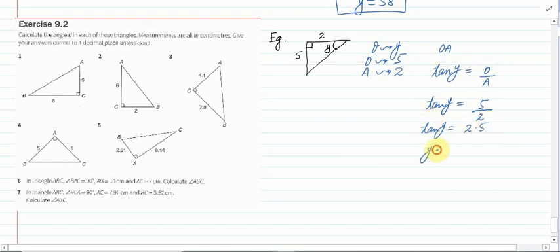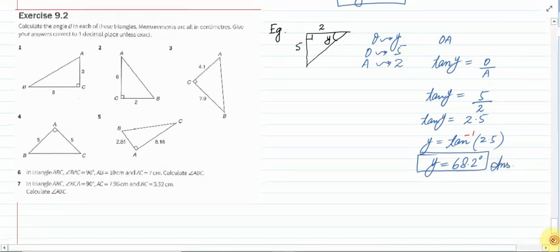So now the inverse of the function tan will shift to the right side, will be tan inverse of 2.5. Now you can find the value in your calculator. So tan inverse of 2.5 is 68.2. Right, so that is your answer, 68.2. Next example.